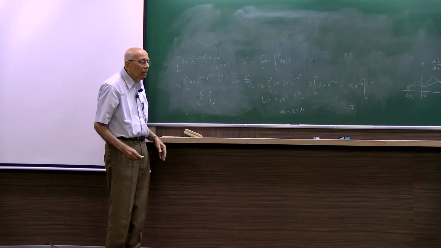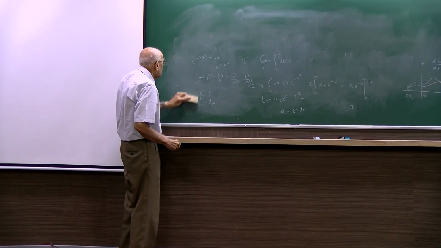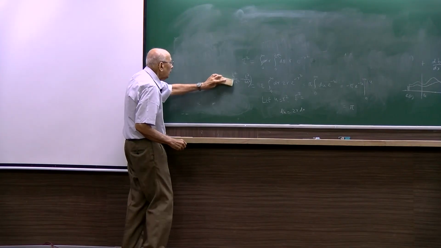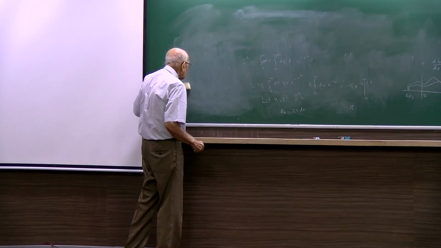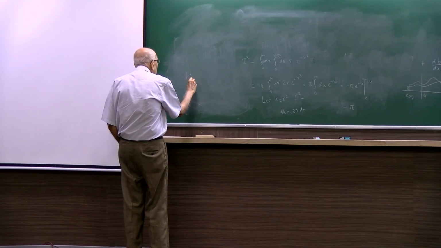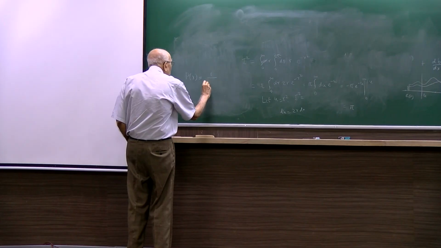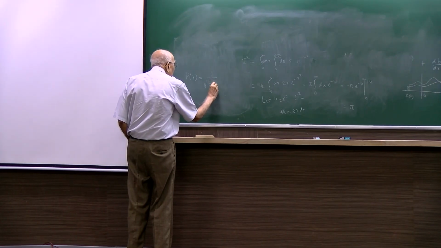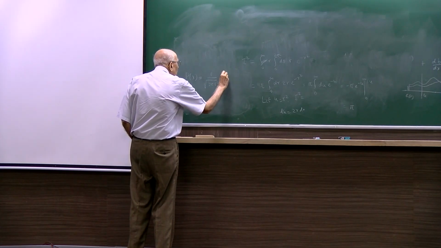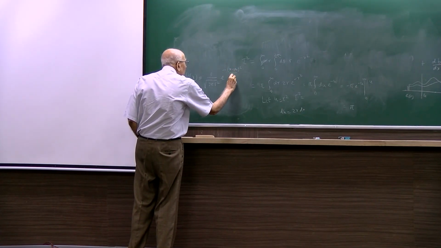Okay. It's a very sharply peaked function, and the general Gaussian looks like this. It's a probability distribution, called the Gaussian distribution or the normal distribution. The probability density is 1 over square root of 2 pi sigma squared, e to the minus (x minus mu) whole squared over 2 sigma squared.